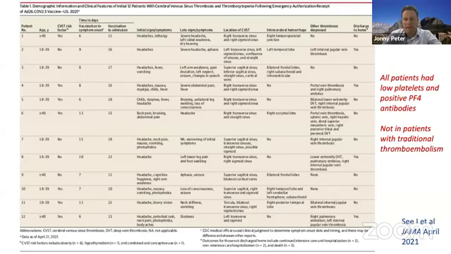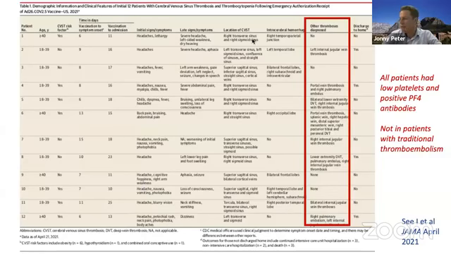And then the other striking thing is that in almost 8 out of 12 cases, they didn't just have a clot in the cerebral venous sinus. They had other signs of clotting in other systems. You can see here a clot in the portal vein, which is in your abdomen, and this person also had a pulmonary embolus. So the key thing here is multiple sites of clotting. Then lastly, from an immunological mechanistic point of view, all of these patients had low platelets.